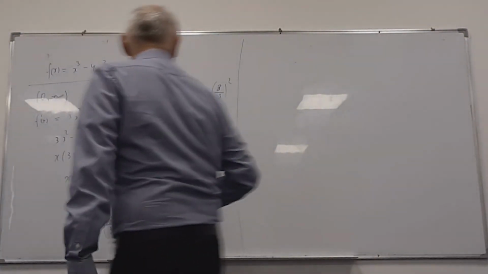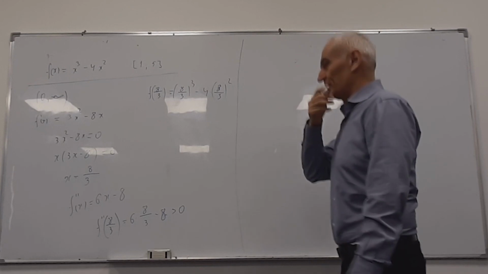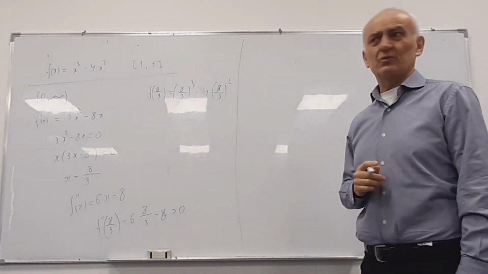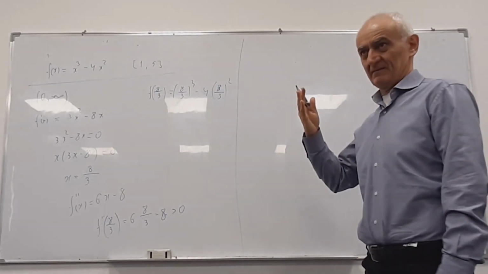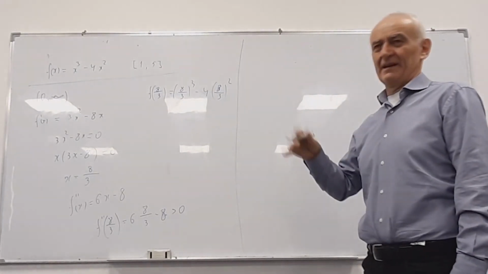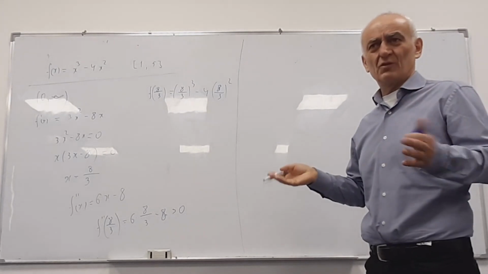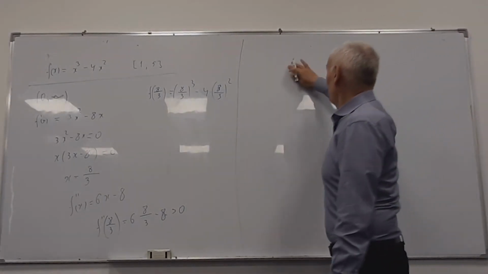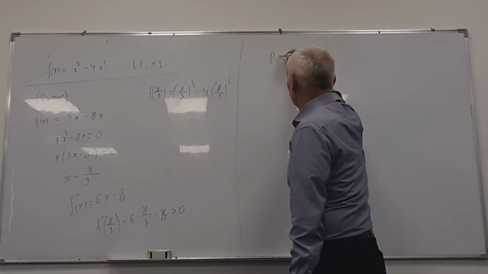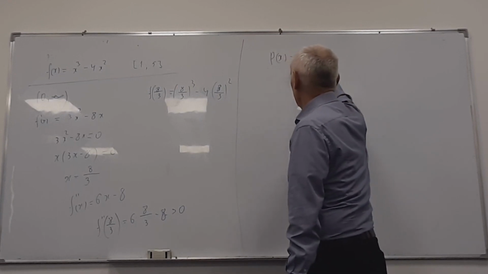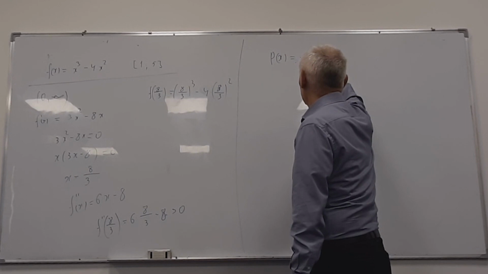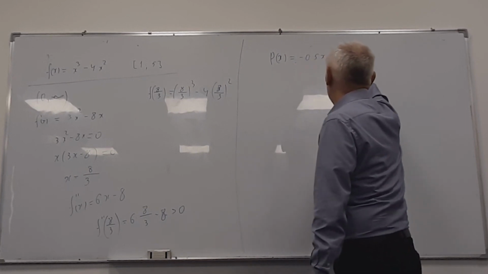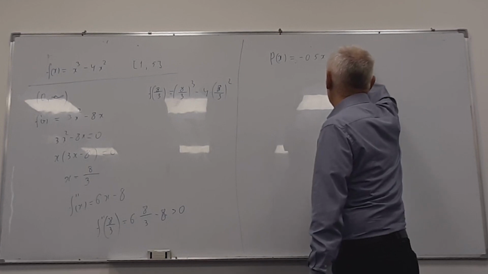For example, we know that some company produces x items, maybe cell phones or cameras or something. And we know the price demand function p(x) equals negative 0.5x plus 200.